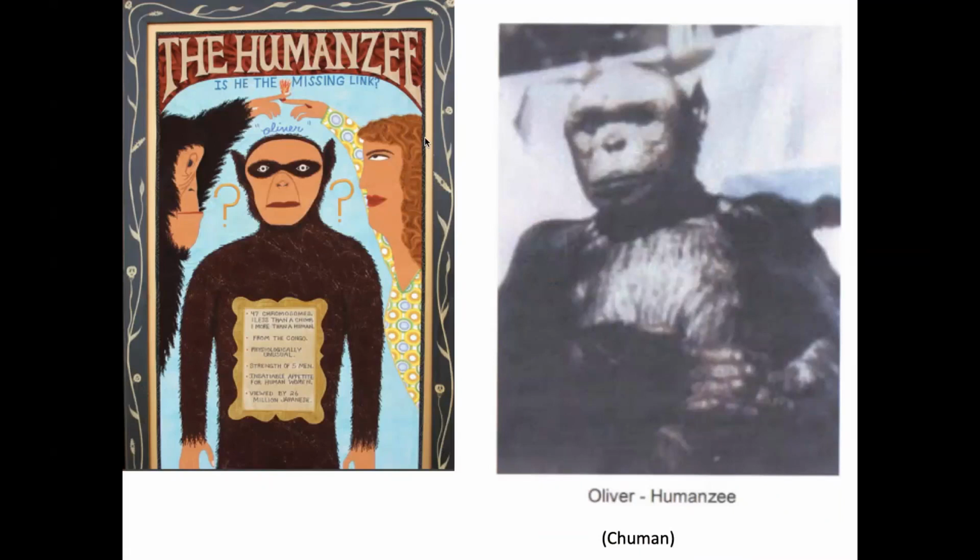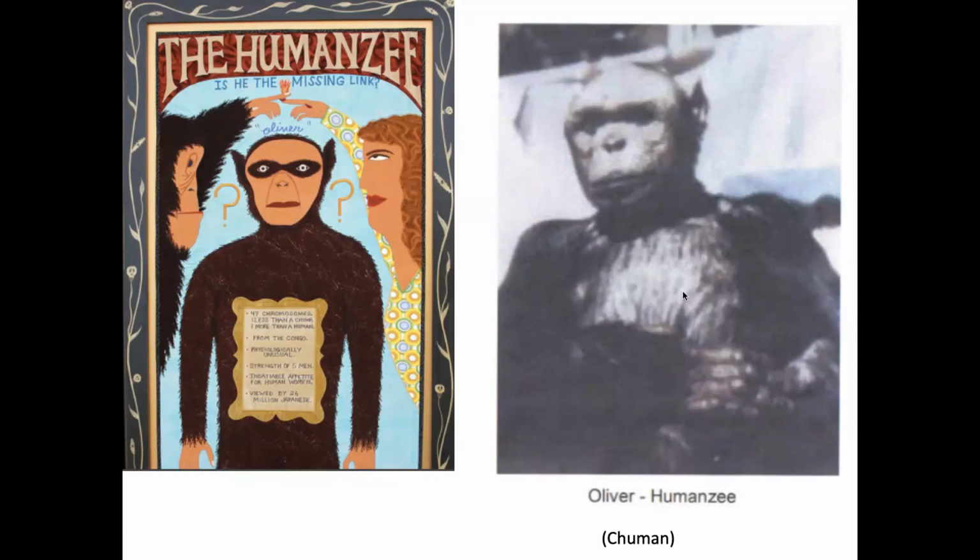So, what were the characteristics of Oliver that would suggest a human-chimp hybrid? Here's an actual picture of Oliver on the right here. Clearly the basic presentation is as a chimpanzee, but clearly having human facial characteristics as well.